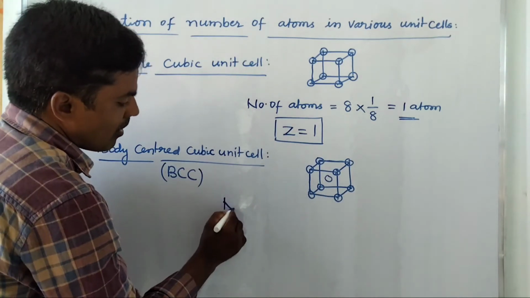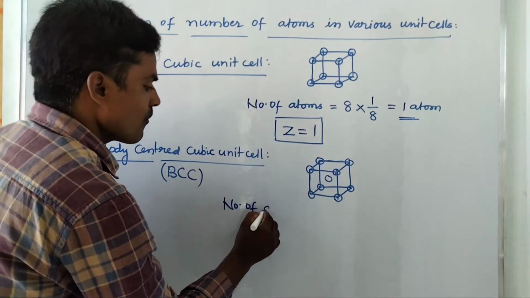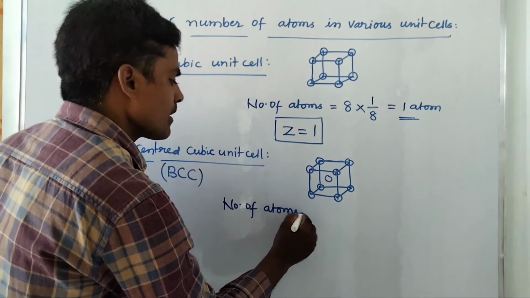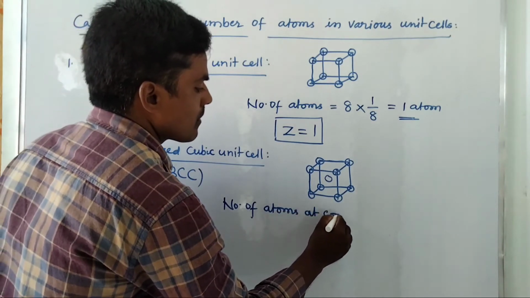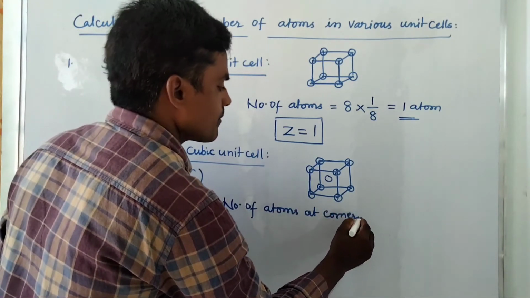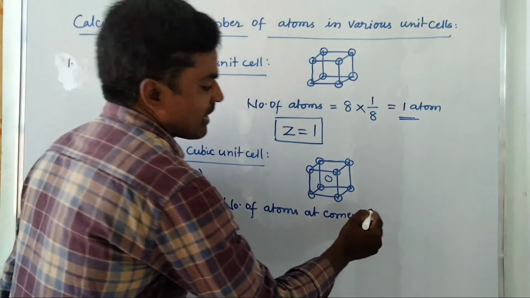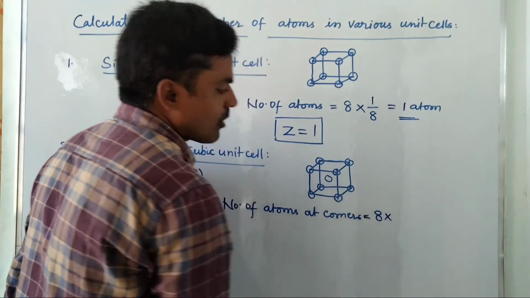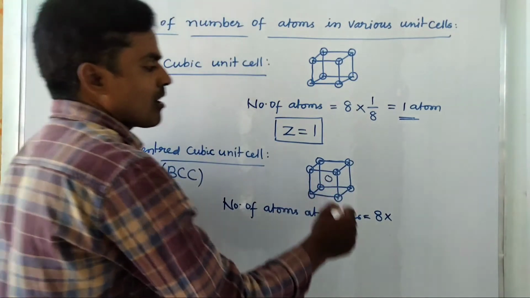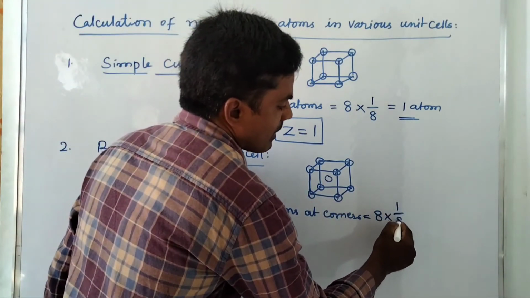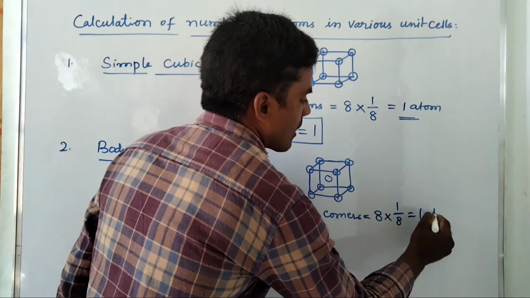Then the number of atoms at corners: how many corners are there? 8 corners. And what is the contribution of an atom at a corner position per unit cell? 1 by 8, so 8 times 1 by 8 equals 1 atom.